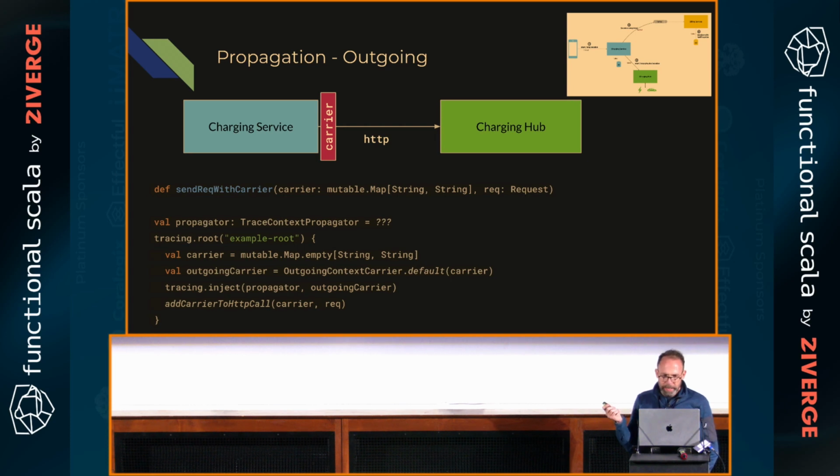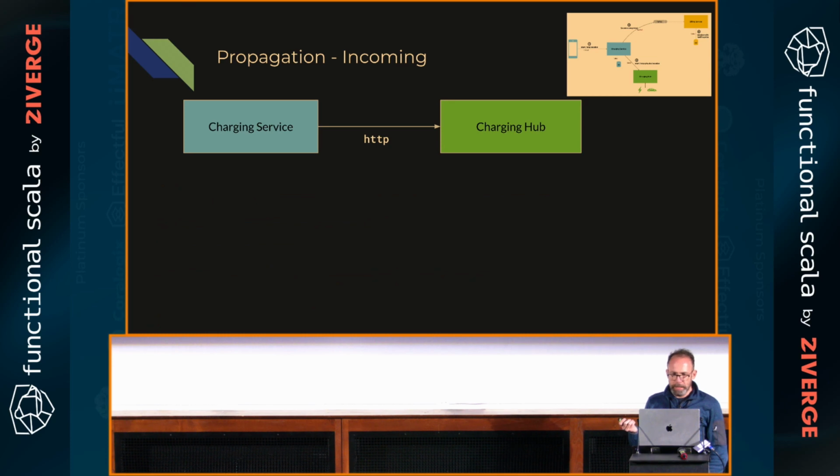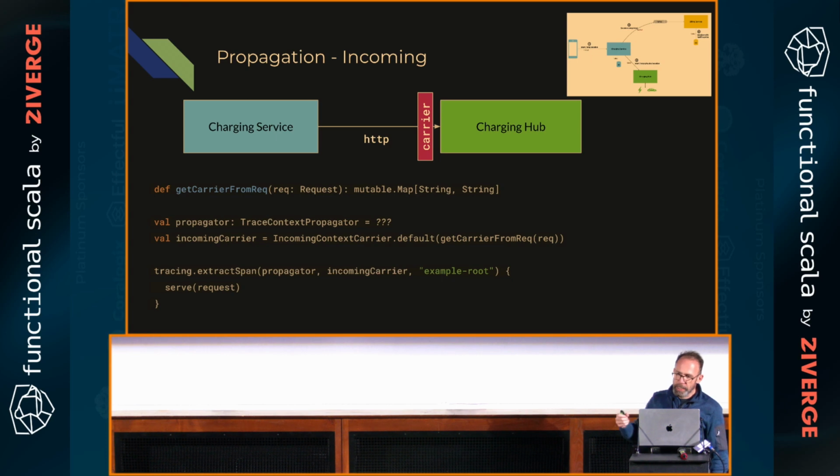Then this carrier, in this case HTTP headers, will be sent to the charging hub. On the receiving side, we have the charging hub getting this incoming request carrying the tracing information in headers, and we have to deserialize and reconstruct the context. Once we have that context, we just have to create a child span that would be a child, basically, of the span that we had pending in the charging service.